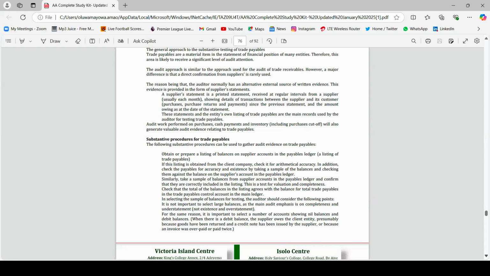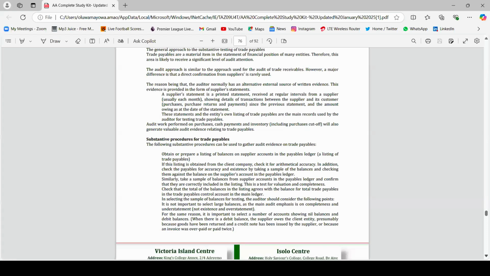So basically, these are the substantive procedures you carry out for trade payables. Number one, obtain a listing of all suppliers' accounts. Number two, check the list for arithmetic accuracy. Number three, take from the list and check that the accounts match, based on the unit supply, checking for completeness. Then take a sample of the suppliers' accounts to verify from the supplier.